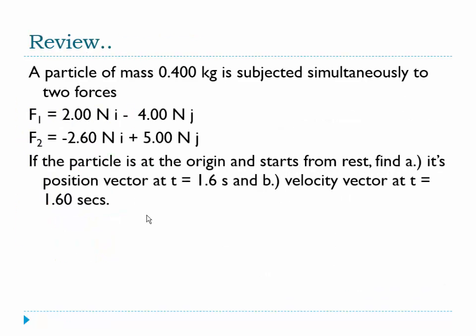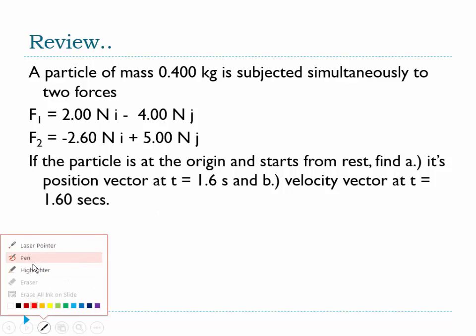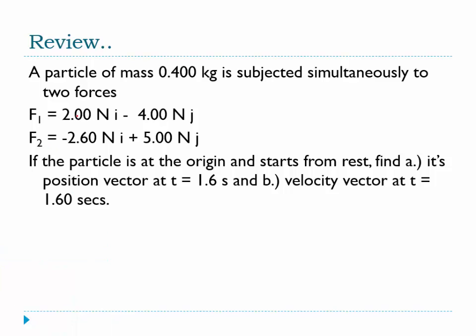Okay, so here's an example of doing forces using ijk vectors, which we discussed last chapter. We have two forces acting on an object of mass 0.4. The first force has an ijk vector notation of 2i minus 4j, and the second force is negative 2.6i and 5j.